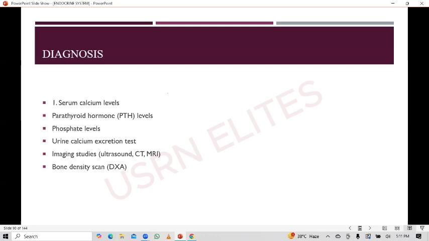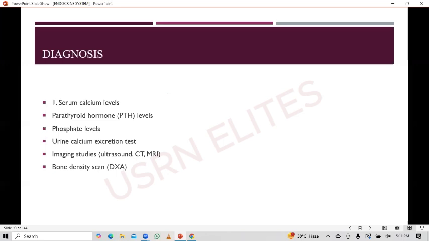The normal value is 10 to 60 picograms per milliliter. That is 10 to 60 pg per mL. Okay, pg, that is picograms per milliliter. That is the normal value.